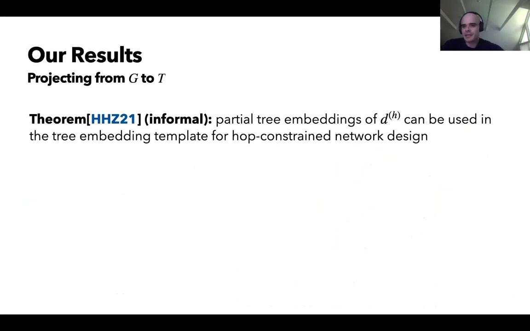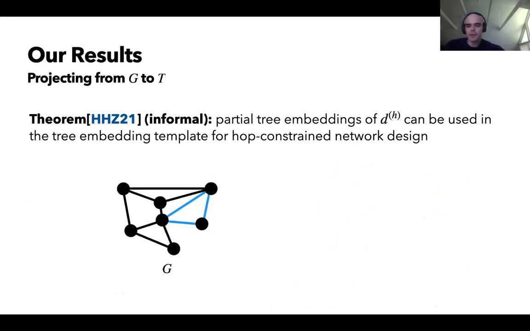I don't really have time to get too much into the details, but there's something subtle going on here. When you're using these probabilistic tree embeddings, it's not enough just to show that you can project from the tree to the graph, but in order to show that there's a good solution in the tree, you have to show how to project from the graph to the tree. And this is trivial in the non-hop constrained world, but when you move to the hop constrained world and these partial embeddings, it becomes more complicated.